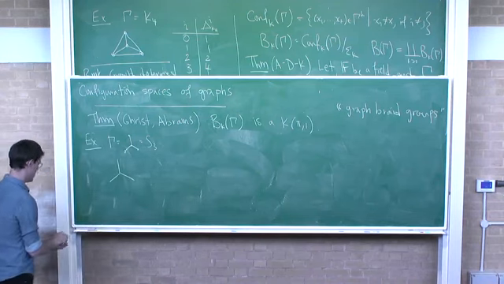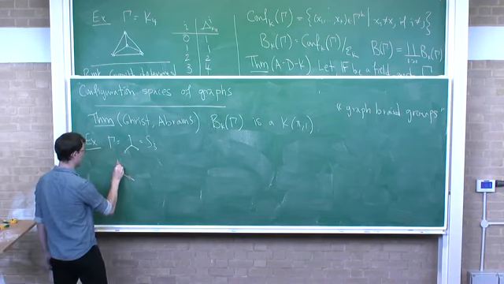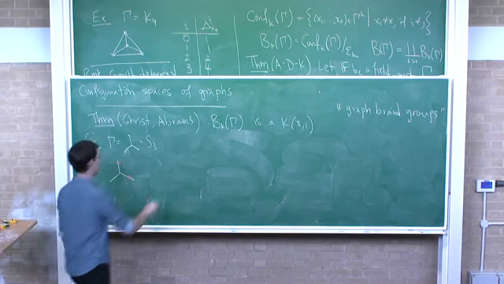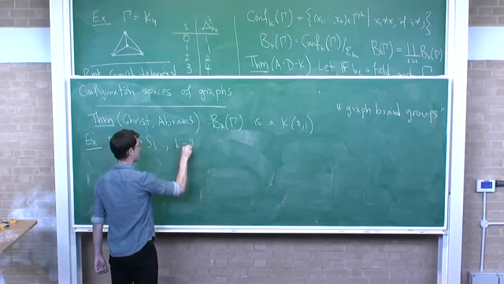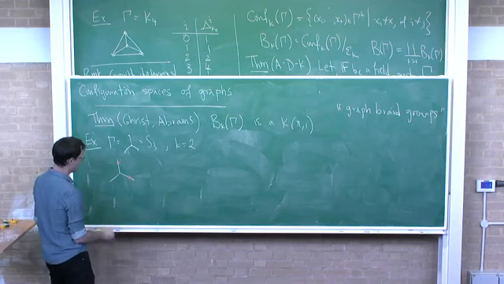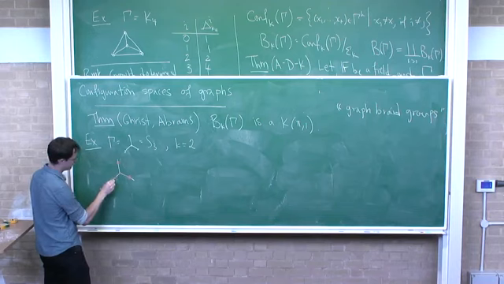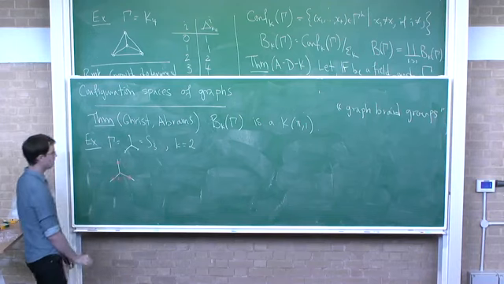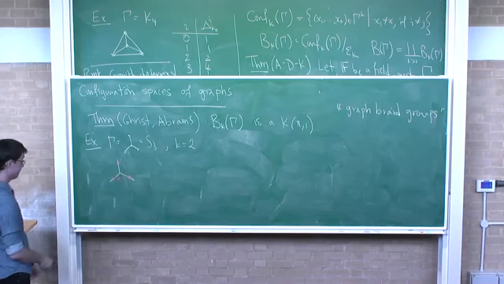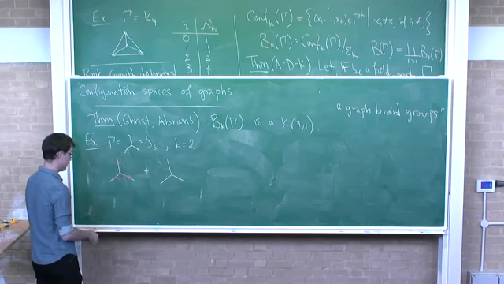Well, there's my graph, and I start out with a configuration of 2 points. I should have said that. K equals 2. And well, here's something you can do. You can take this point and move it to the essential vertex. And then you can do something else.